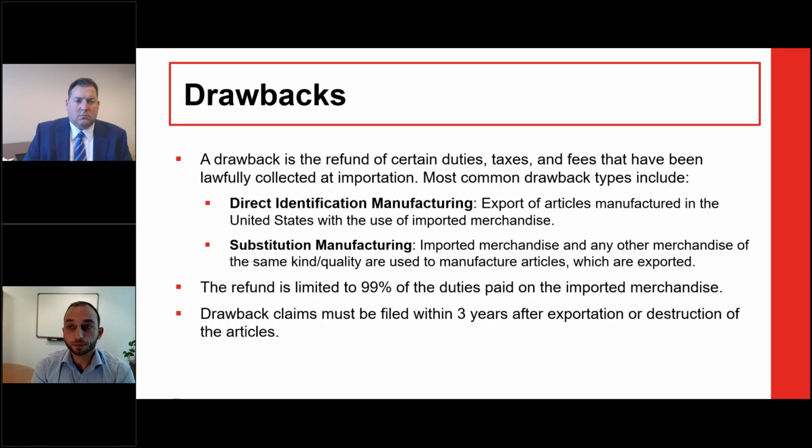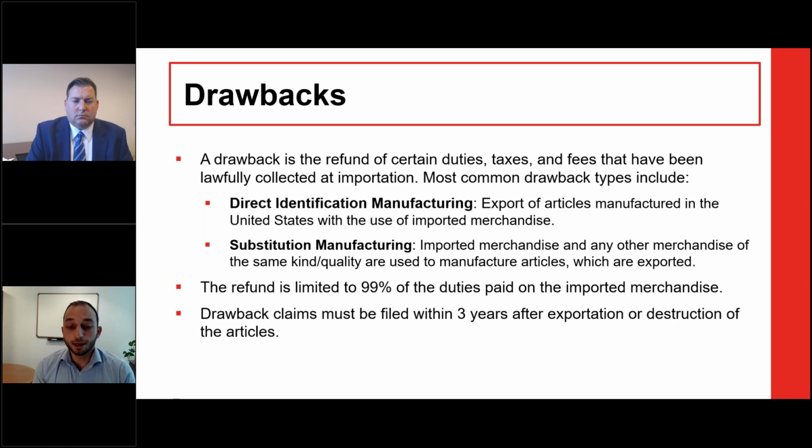Next slide, please. So just a quick summary of drawbacks here. A drawback is essentially a refund of certain duties, taxes, and fees that have been collected on an input at the importation. The most common drawback types include direct identification manufacturing or substitution manufacturing.